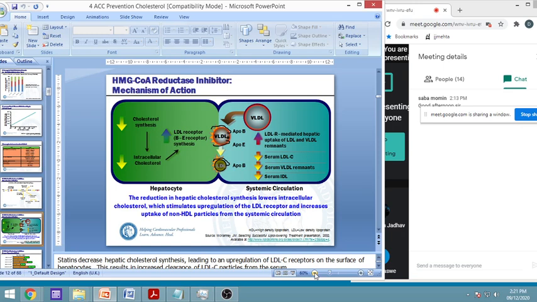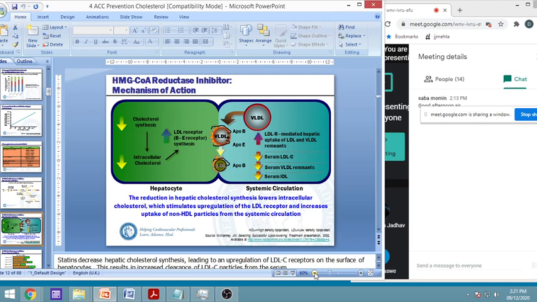There are apolipoproteins: apolipoprotein B, C, and E. They contribute to transportation to and from the hepatocytes, and on that basis cholesterol synthesis takes place, and it causes an increase in LDL synthesis. So these are important.